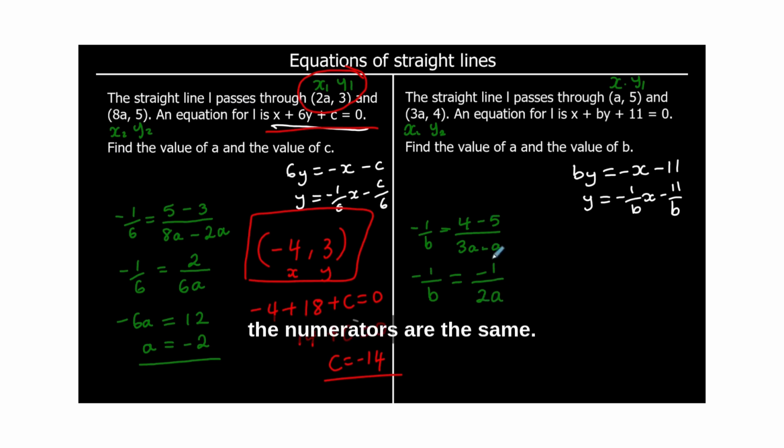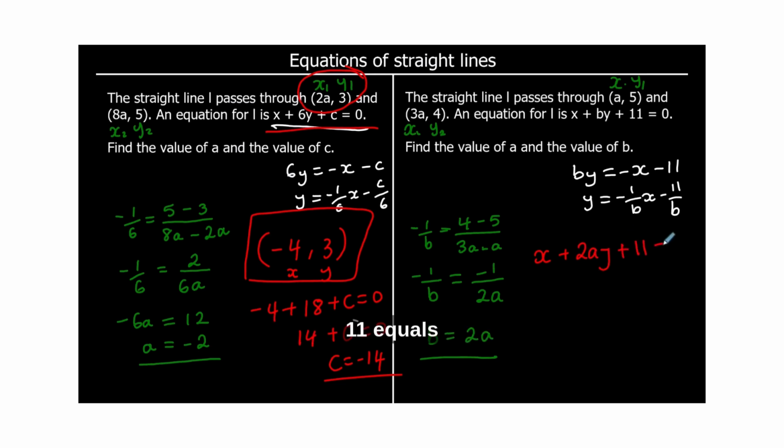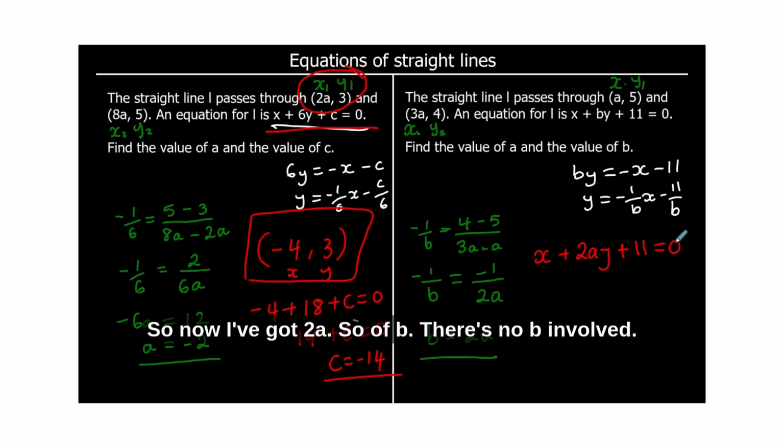So the numerators are the same, so the denominators must be equal. B must be equal to 2a. So we can change b into 2a. Let's do that. So let's have x plus, instead of b, I'm going to write 2a, 2ay plus 11 equals 0.